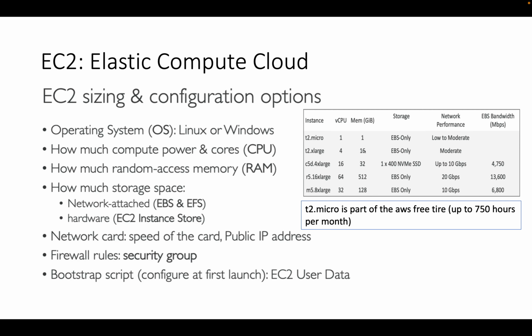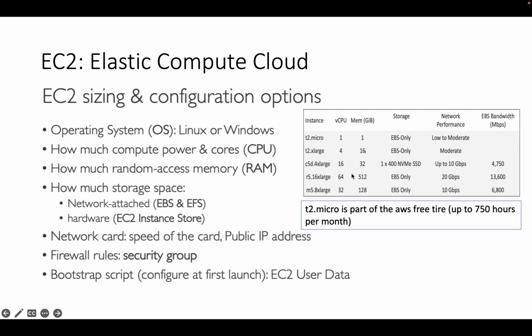And a bootstrap script configured at first launch by enabling the EC2 user data. With EC2 user data, if you want to, for example, automatically install patches, then we can enable this script in the EC2 user data script.